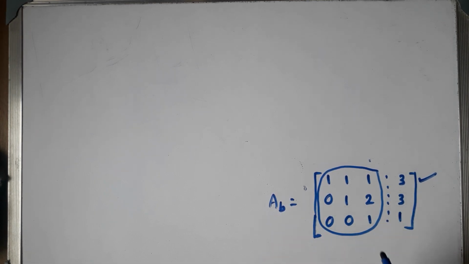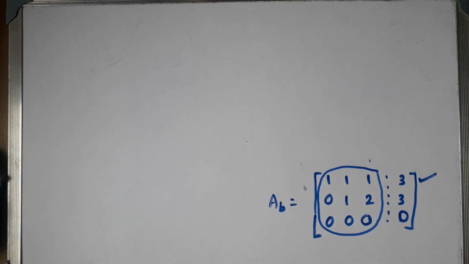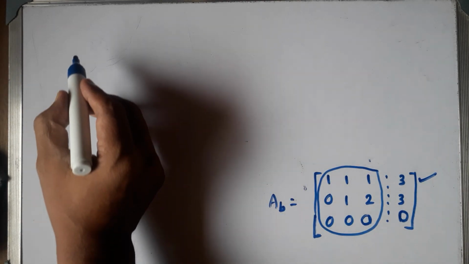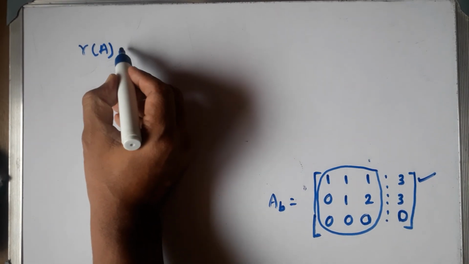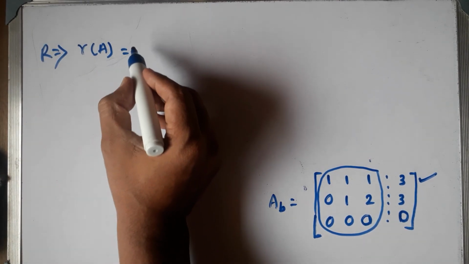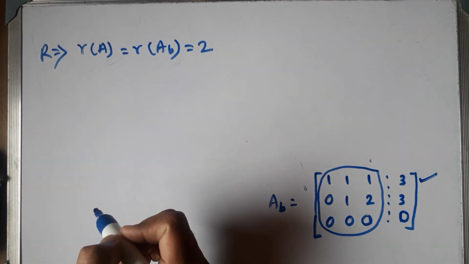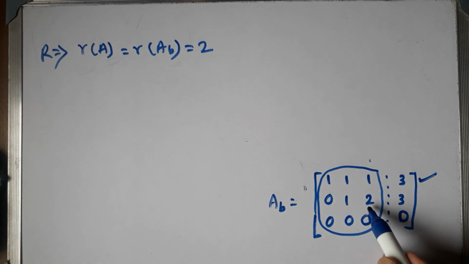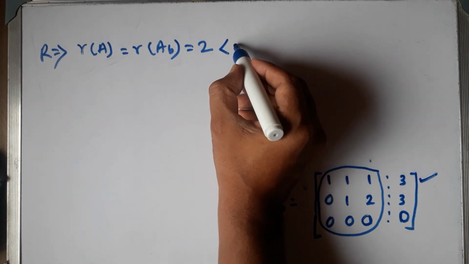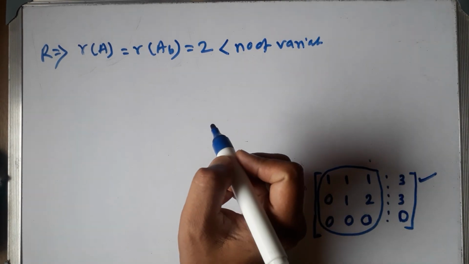For example, suppose this element is 0 and this element is 0, then rank of A and rank of AB is equal to 2 because the number of non-zero rows is 2. This is less than the number of variables.